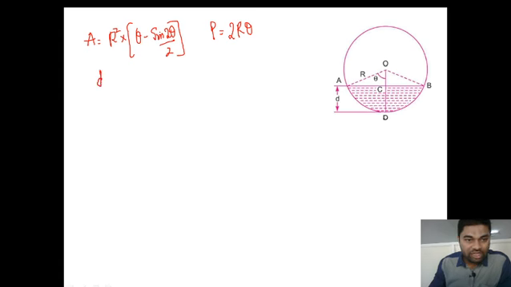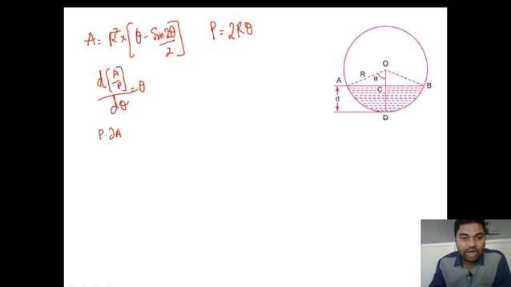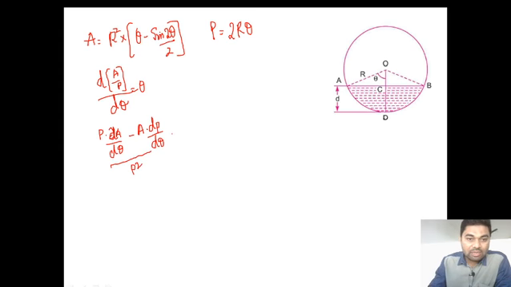We have seen that differentiation of d(A/P)/dθ should be equal to 0. If we differentiate this equation, we get P into dA/dθ minus A into dP/dθ, divided by P square, is equal to 0.